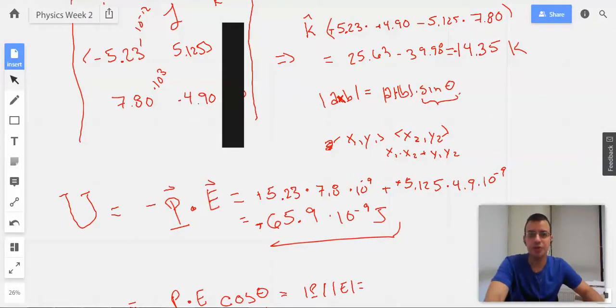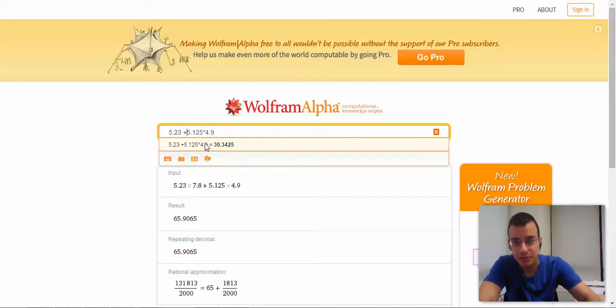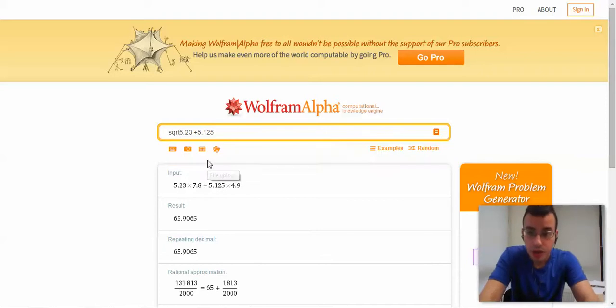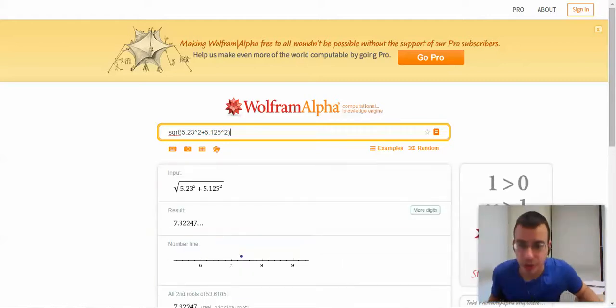So the magnitude of the first one is 5.23. I'm going to just keep going with what's written. So we want to find the square root of the first one squared plus the second one squared. And that will give us the magnitude, so 7.32.